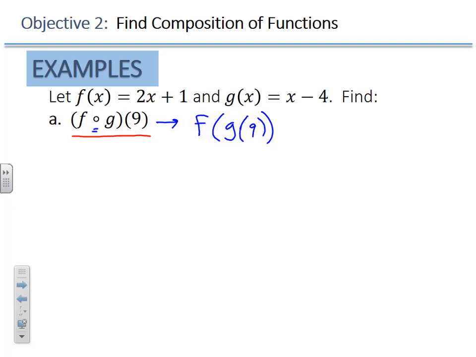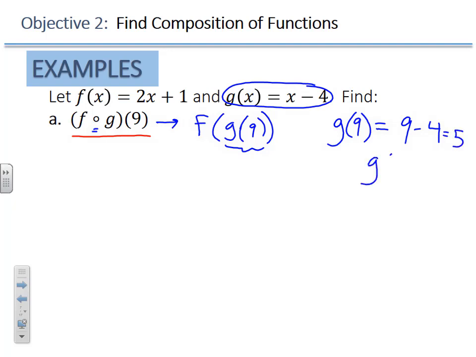So the first thing I need to do is figure out what g of 9 is. So I'm going to step over here for a minute and just note that g of 9 is equal to 9 minus 4, using our g function. And 9 minus 4 is 5. So therefore, g of 9 is equal to 5. Now, that becomes the input into the outer function. So f of g of 9 is the same as f of 5.